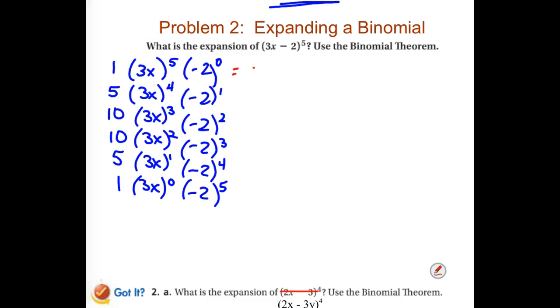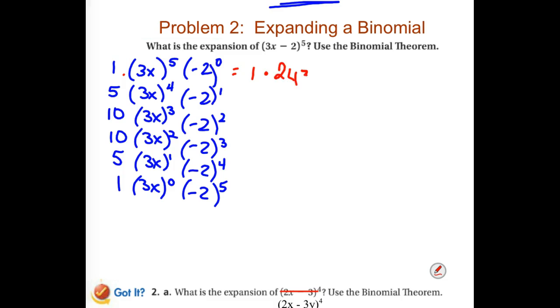We have a 1 times 3x to the 5th. That means I have to take 3 to the 5th and x to the 5th. What's 3 to the 5th? Grab your calculators or your power charts. What is it? 243.